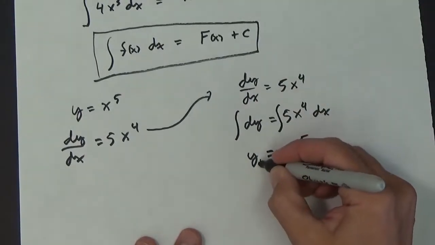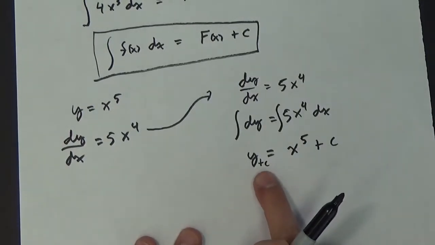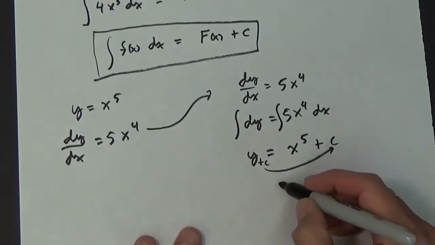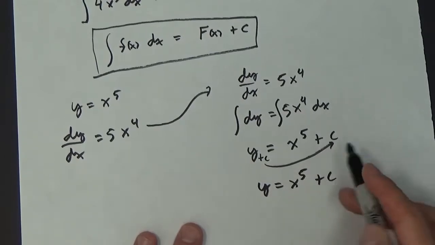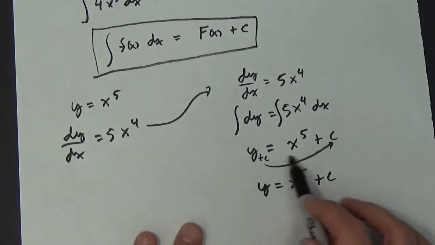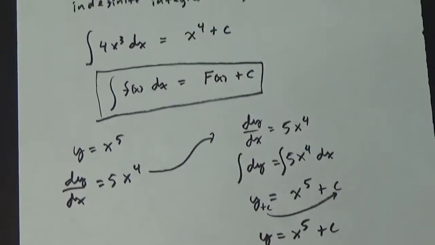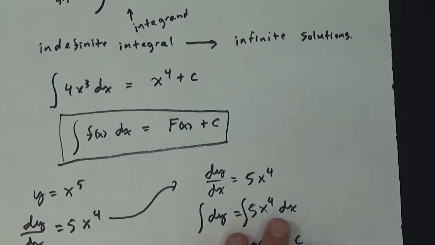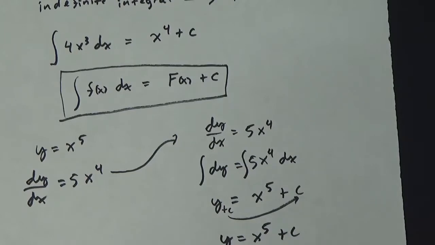Of course, I forgot to add a plus c here and a plus c there. We take this plus c, bring it with that plus c, and we end up with y equals x to the fifth plus c. These two plus c's are not the same, we can't assume that. This shows how we started with the function, took the derivative, separated our dy dx, took the integral, found the antiderivative, and ended up with plus c.